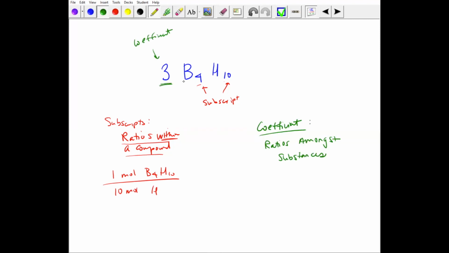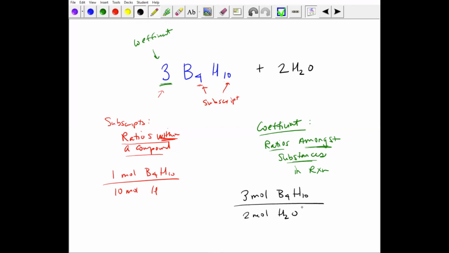These coefficients that we worked with in these chemical reactions and equations help us tell the ratios amongst substances, typically in a reaction. So again, when we're talking about ratios within a compound, we don't look at these coefficients. We just look at these subscripts. However, for coefficients, we use those for ratios amongst substances or compounds or molecules.